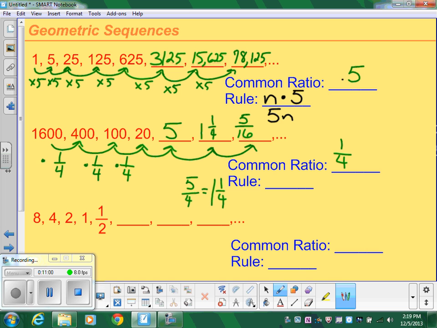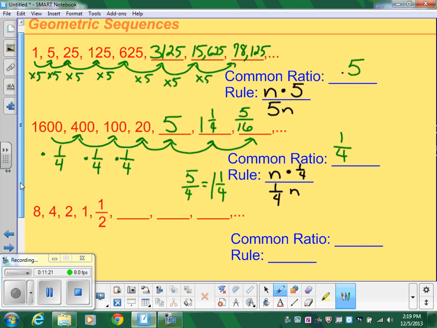If we wish to create a rule for this, it's once again the variable to represent your previous term, which was n, multiplied by our common ratio, express it properly, and we have 1/4 n.